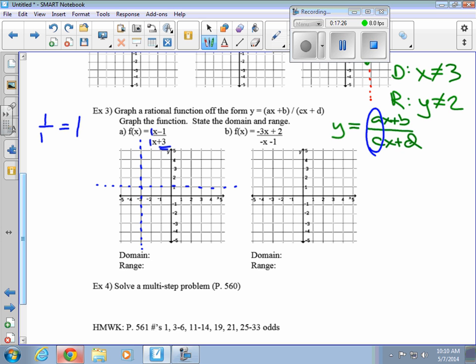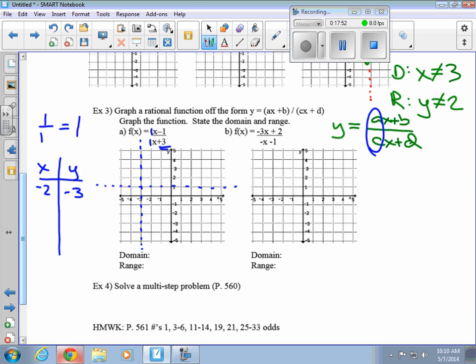So now let's plot some points. Put in negative 2. We get negative 2 minus 1 is negative 3, so I'm going to have negative 3 in the numerator and 1 in the denominator. So what is that? Negative 3, correct?